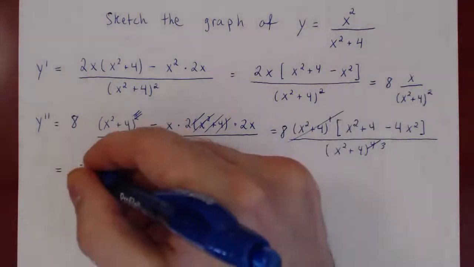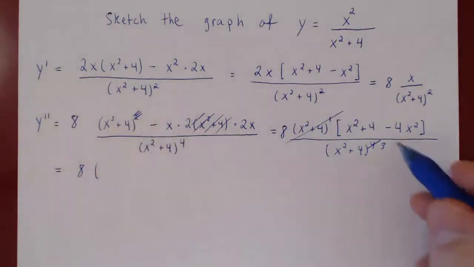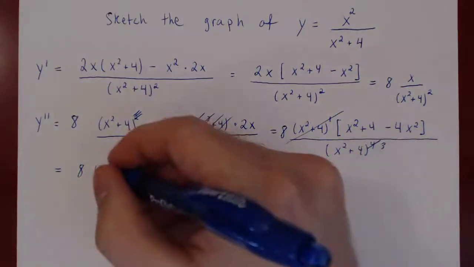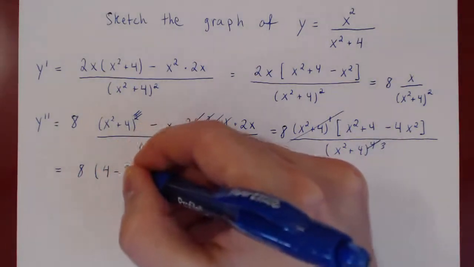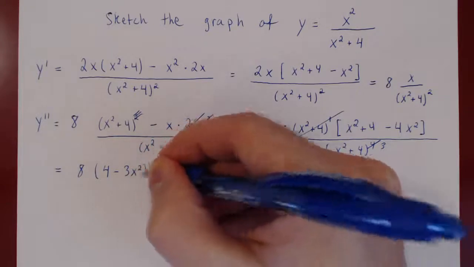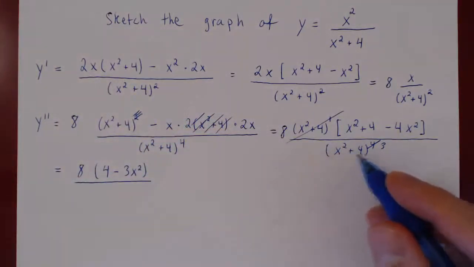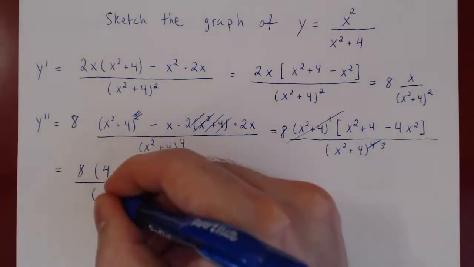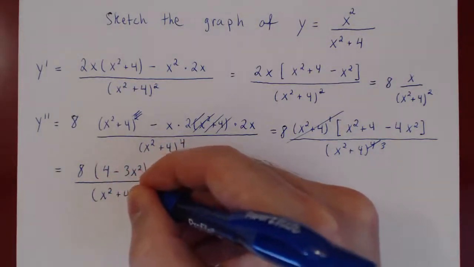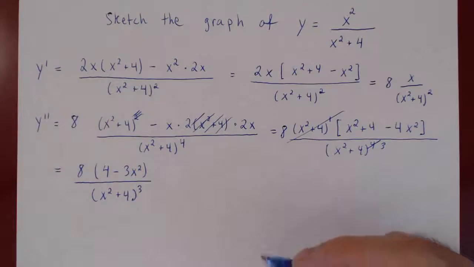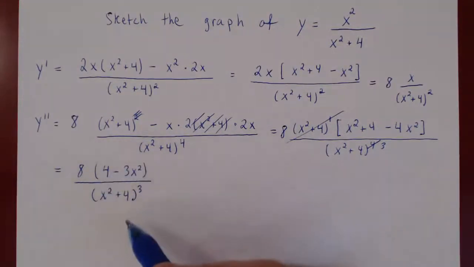So we have 8 times 4 minus 3x squared over x squared plus 4 all cubed. And now we have our second derivative factored and simplified.